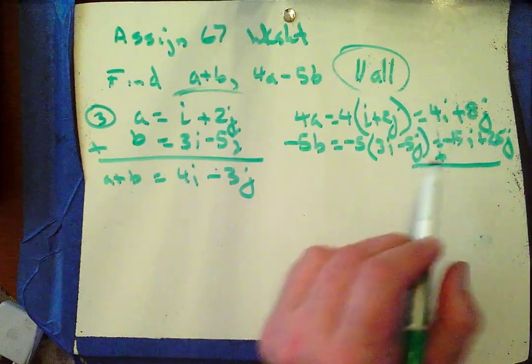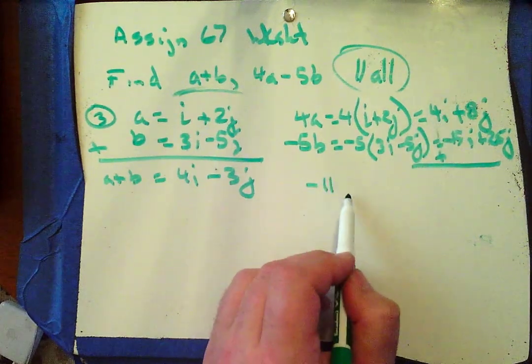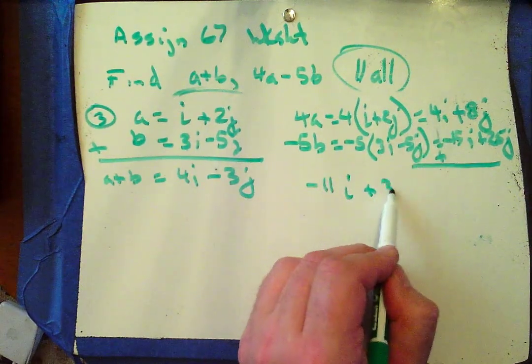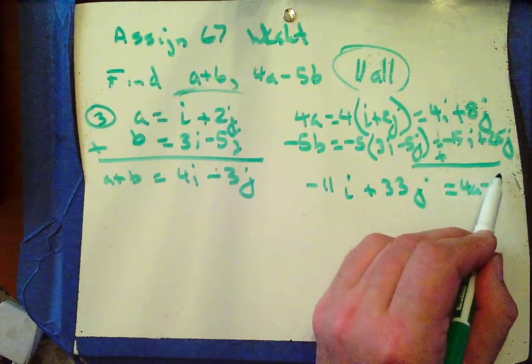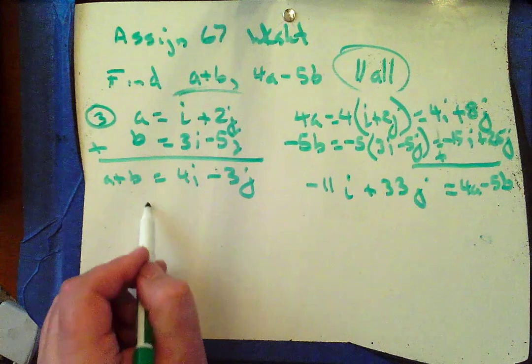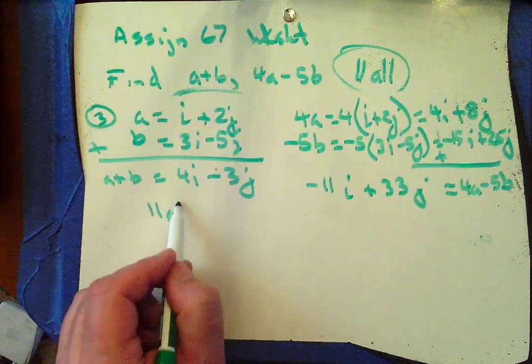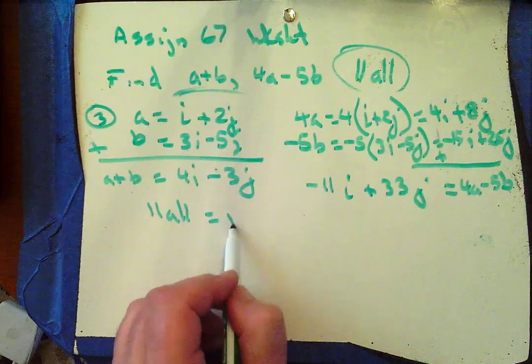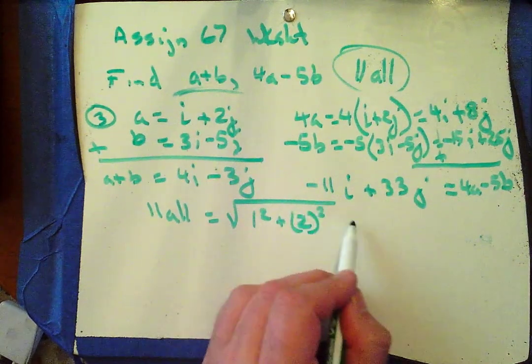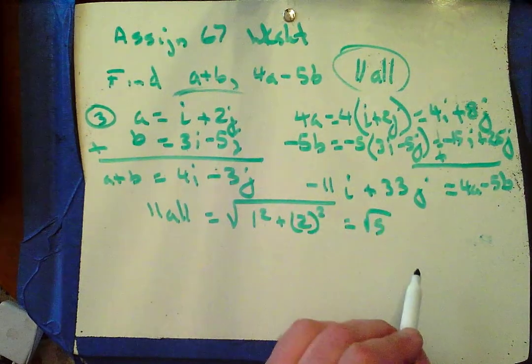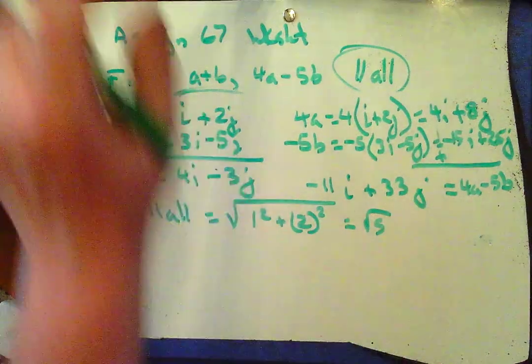When I add these together, I get negative 11i plus 33j. That's 4a minus 5b. And finally, the magnitude of a is going to be the square root of 1 squared plus 2 squared, or the square root of 5. All right, that's problem number 3.